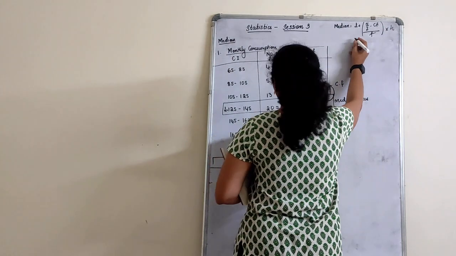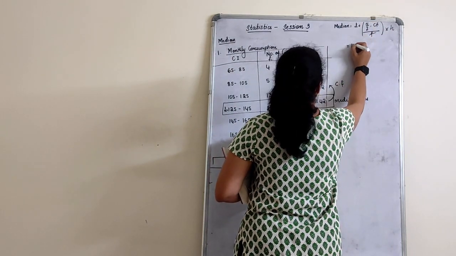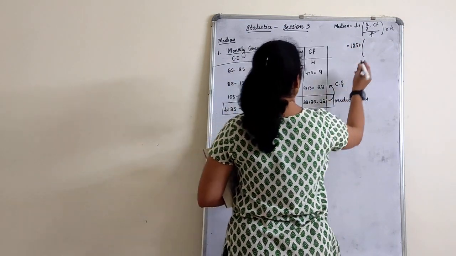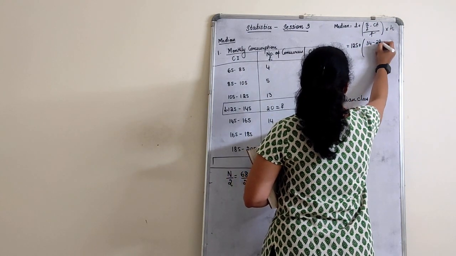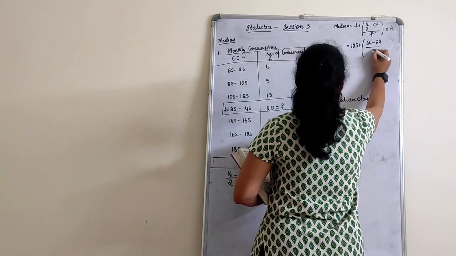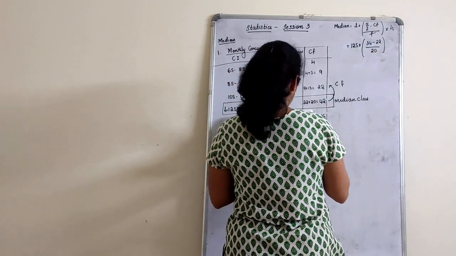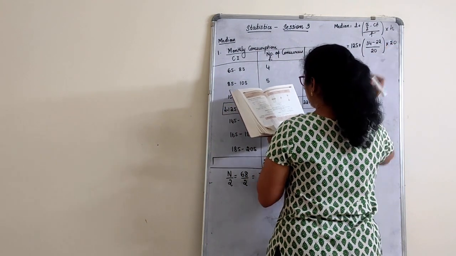Let's do the calculation. Median is equal to, I'll use this formula only here, 125 plus n by 2, which is 34, minus 22, divided by 20. What is the class size of this given part? 65 to 85, 20.